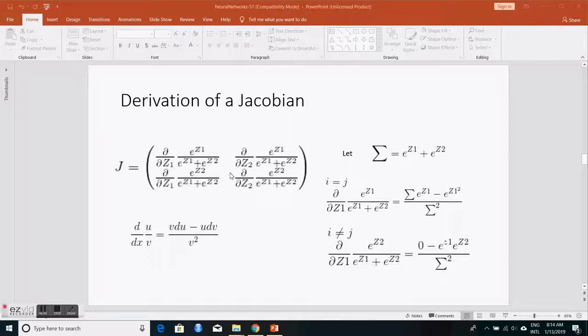So if I take the case where i is equal to j, that is the 1 1 and 2 2 elements, let us take the derivative of this. Dou by dou z1 of e power z1 divided by e power z1 plus e power z2.